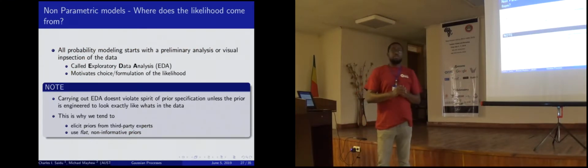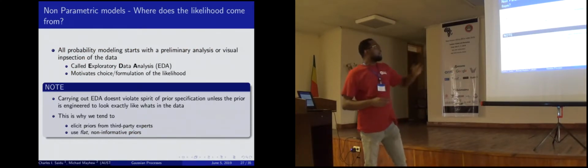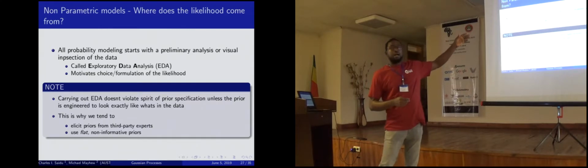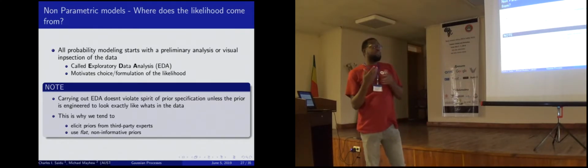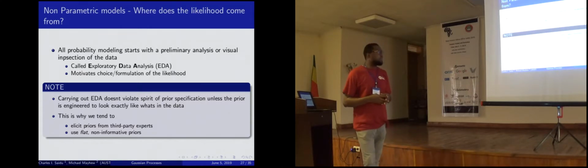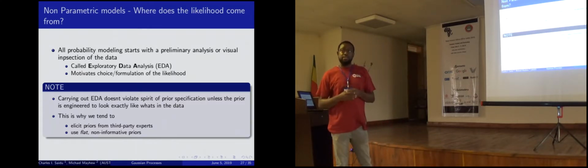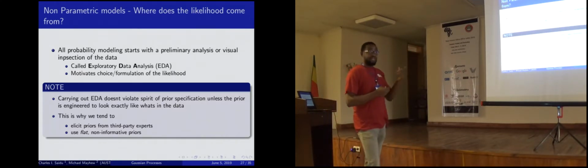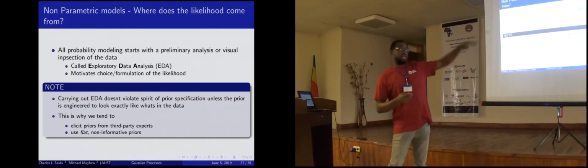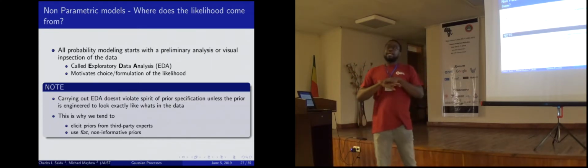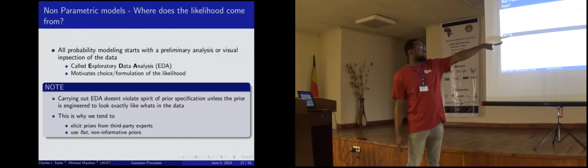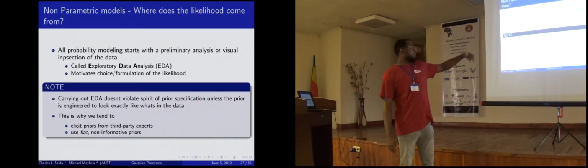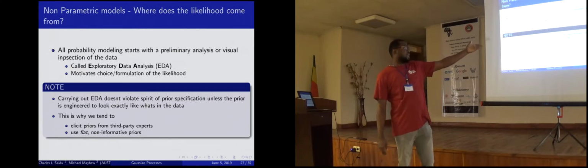So to answer your question, all probability modeling starts with a preliminary analysis, visualization or inspection of your data as a standard. In statistics, this is called exploratory data analysis. But it doesn't take away the fact that it violates the spirit of posterior specification unless the prior is engineered to look exactly like what you want to see in the data.